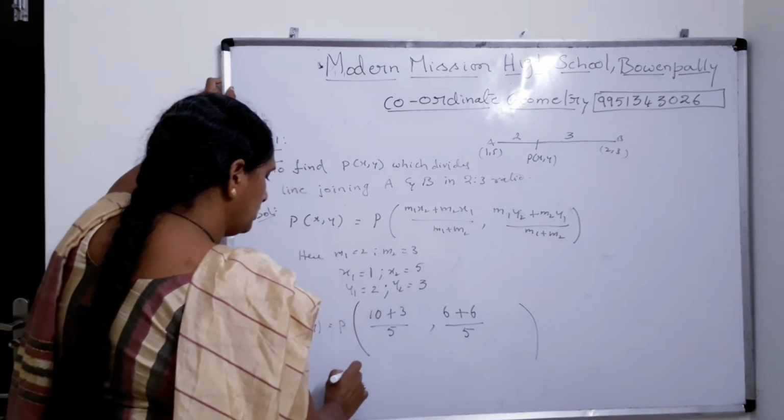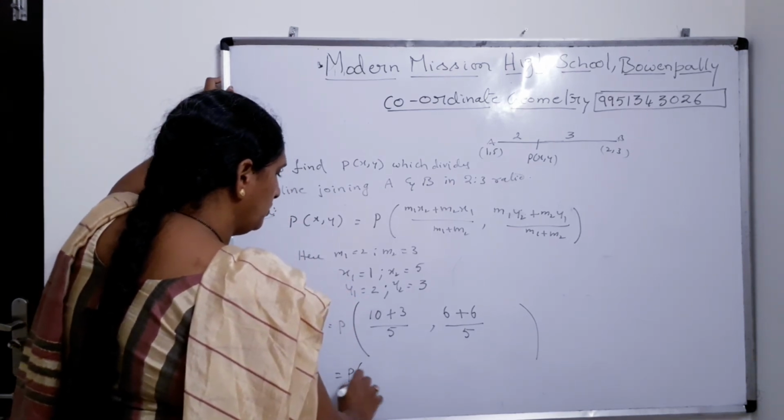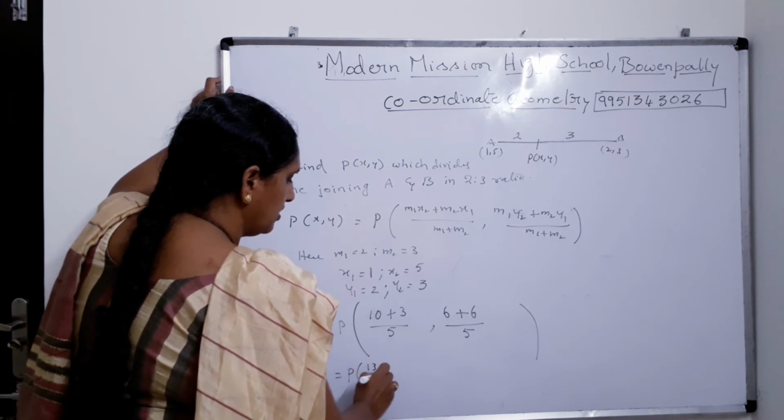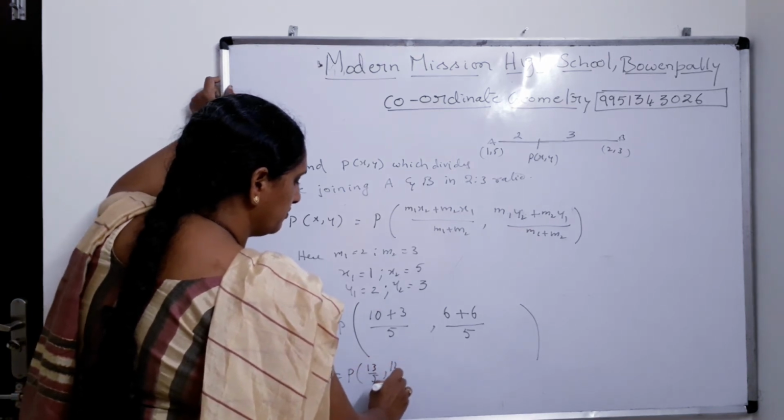So therefore this is equal to P of 13 by 5, comma, 12 by 5.